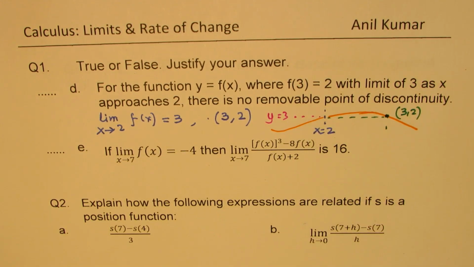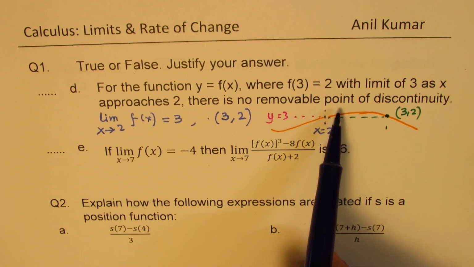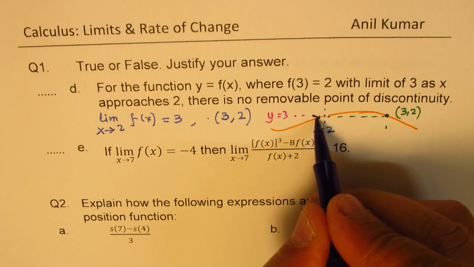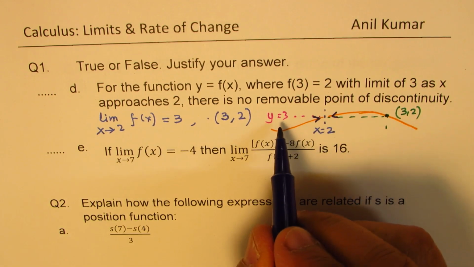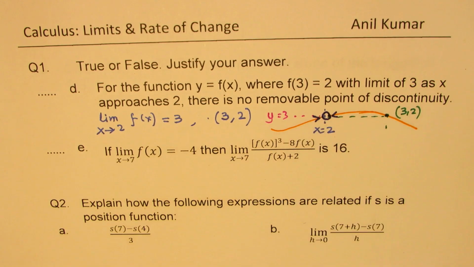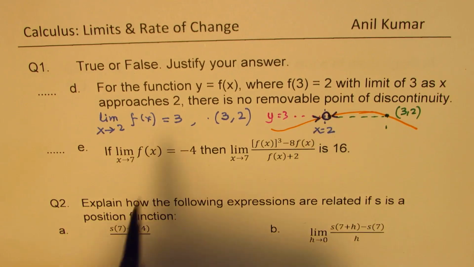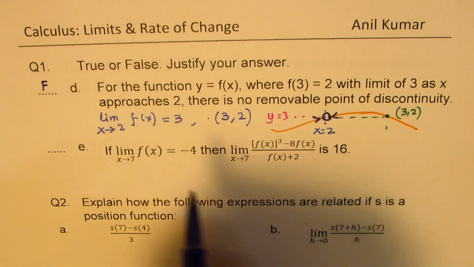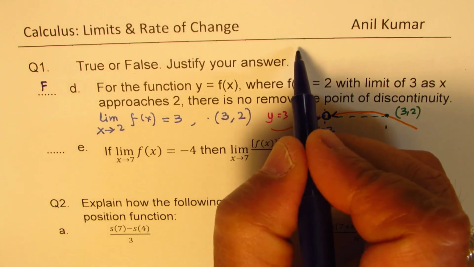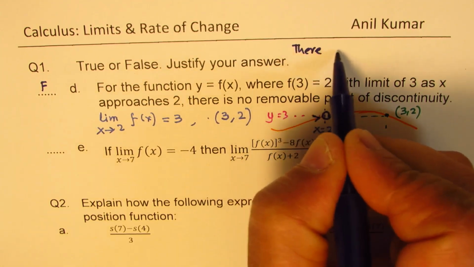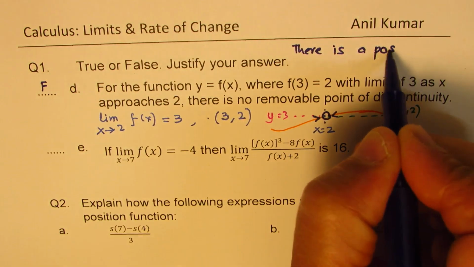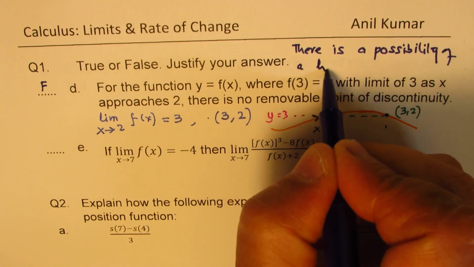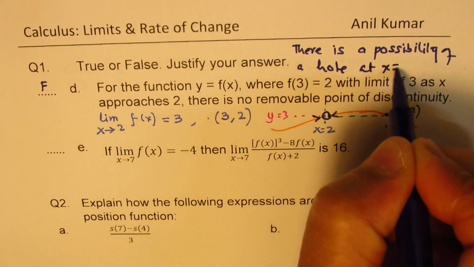Now if you look at it, it says there is no removable point of discontinuity. Well, when we say limit exists, then from the left side and the right side, we are approaching a value which is 3. We could have a hole. You get the idea, right? So the statement is false, since there is a possibility of a hole at x equals 2.